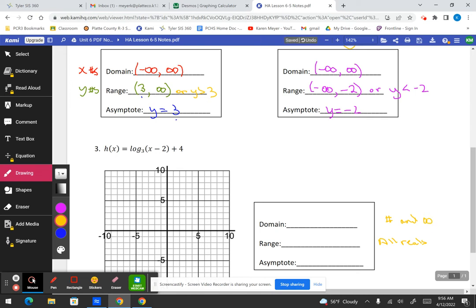And if you want to do the new way, instead of saying y, it would be x is greater or less than a number. And then instead of your asymptotes being a horizontal line, your asymptotes now have to be opposite, which is a vertical line. And vertical lines are x equals instead of y equals. Okay.